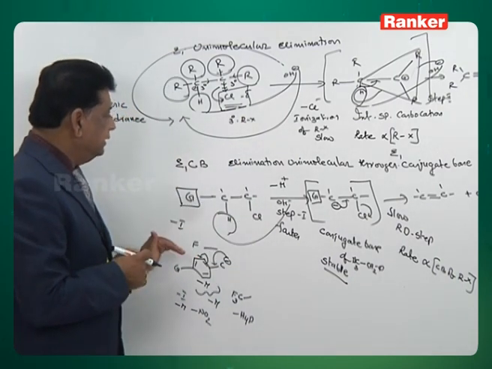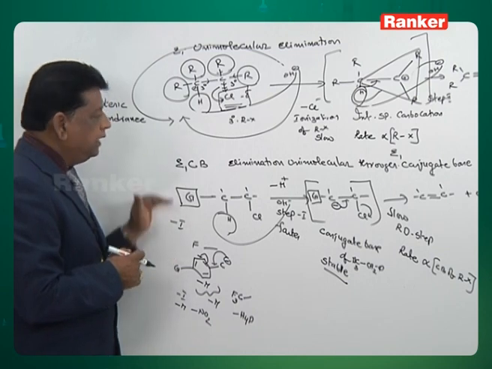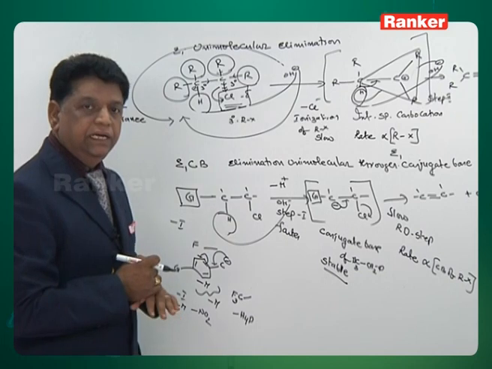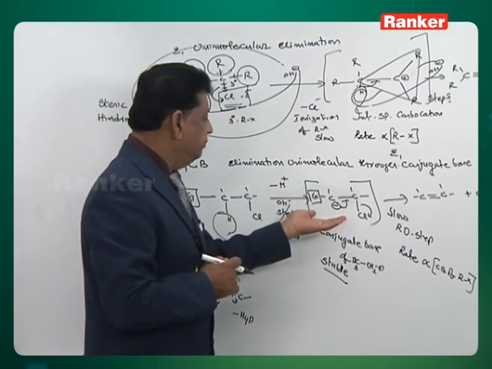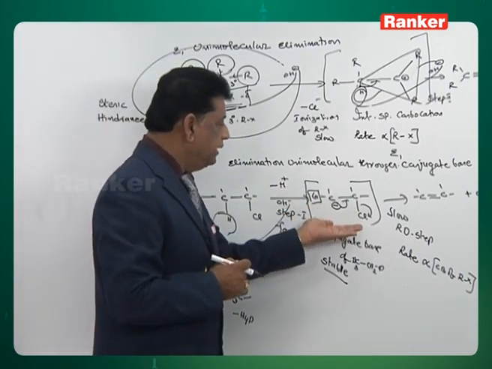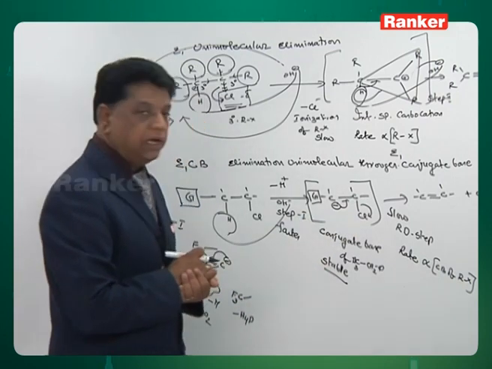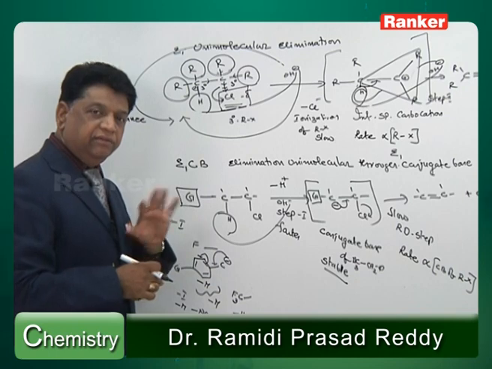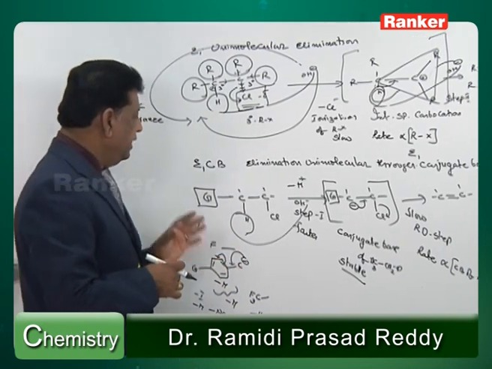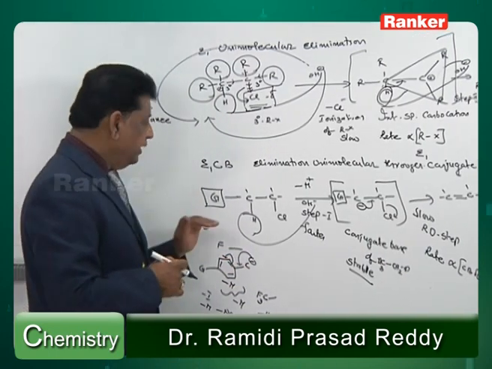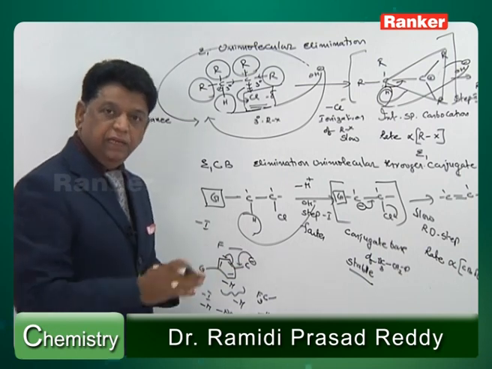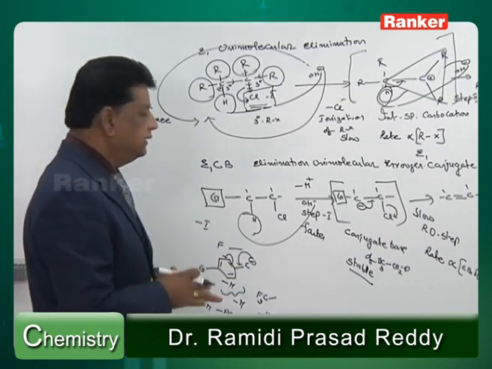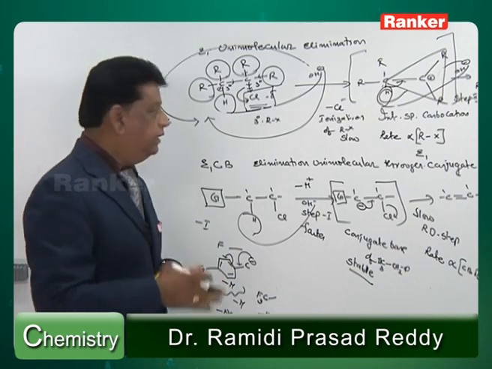In this third type of reaction, it is again unimolecular, but the rate of reaction is influenced only by the conjugate base of the alkyl halide. Therefore, it is called unimolecular conjugate base. You can also understand it in another way. In the E2 mechanism, H and Cl go simultaneously, H plus and Cl minus leave simultaneously.